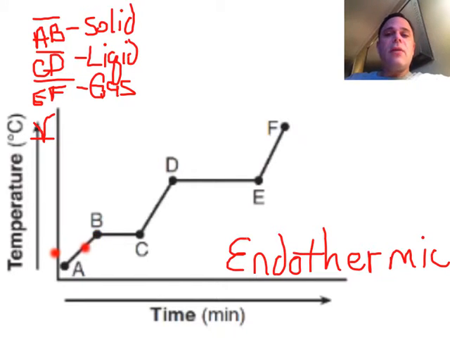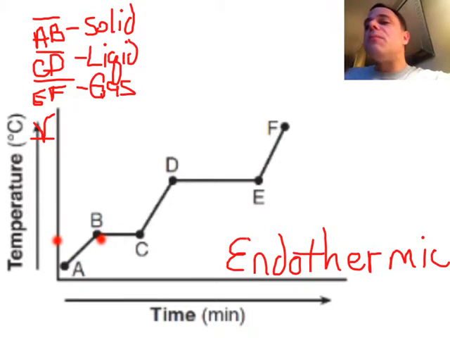So this is a solid that is absorbing energy and its temperature is increasing, but it is still a solid. As we move forward, increasing energy, the substance is accepting more energy, absorbing it. Well, we notice that it goes from segments B to C.